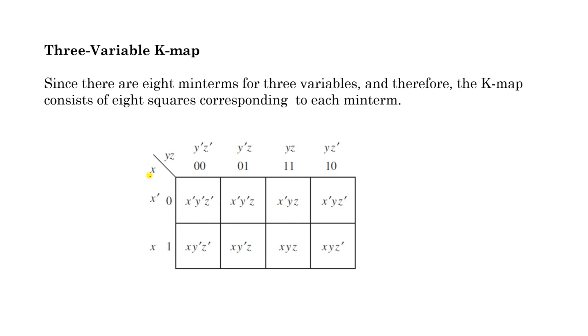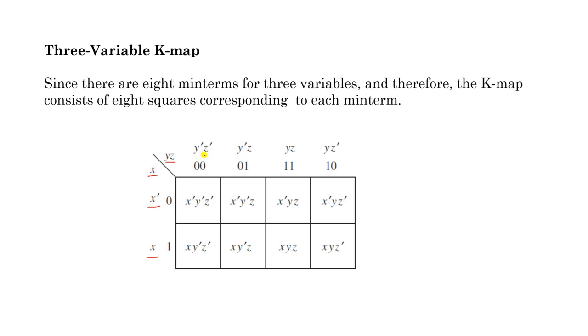For this, in row we have taken the variable x, and the first row corresponds to the variable x dash, second row corresponds to x. In column the variable yz is taken, and these terms are written in a particular order. The order is, if you notice, in any two adjacent squares or any adjacent terms, only one literal is different.